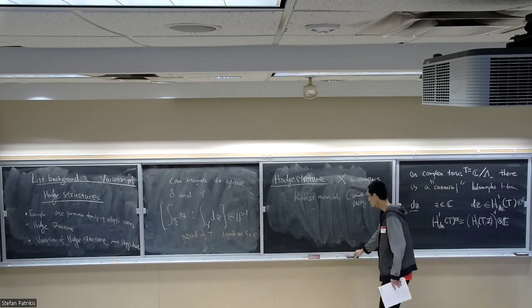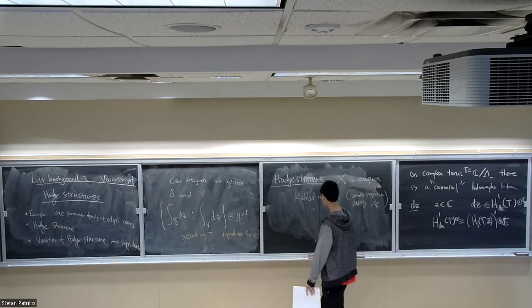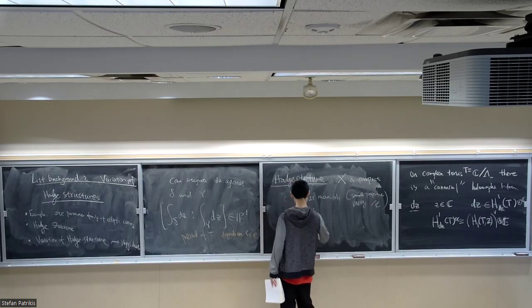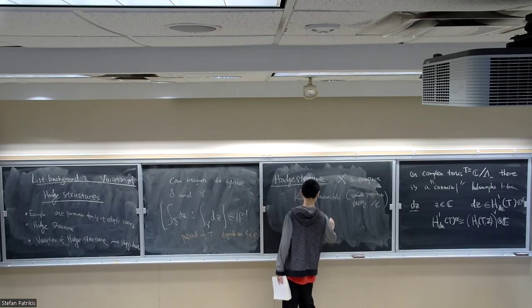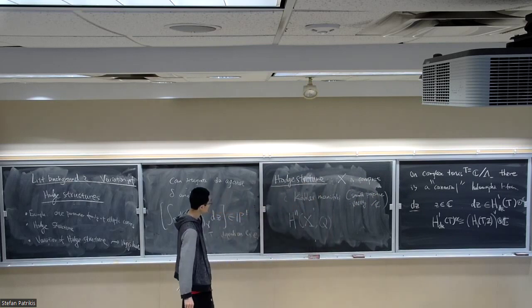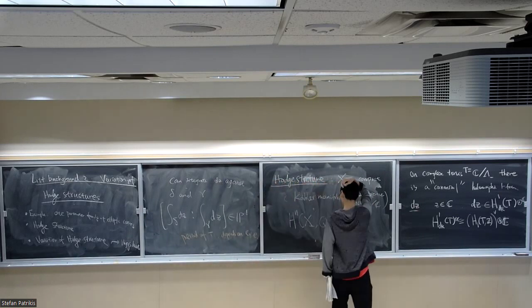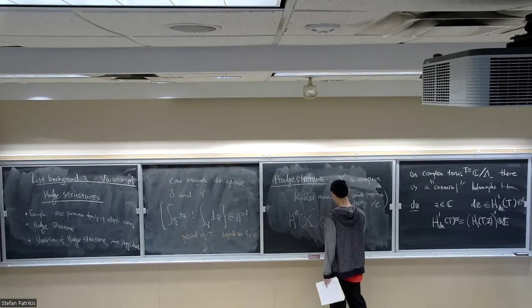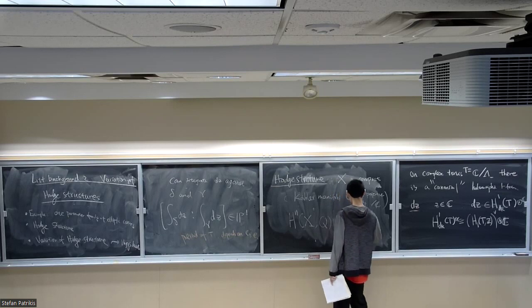It turns out that if you look at the nth cohomology of this compact Kähler manifold, it has a so-called Hodge structure.